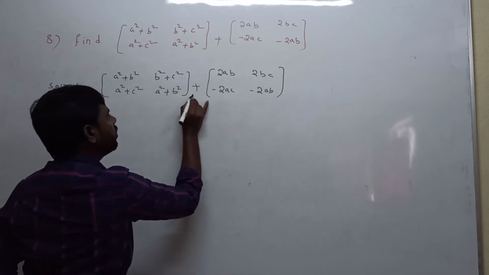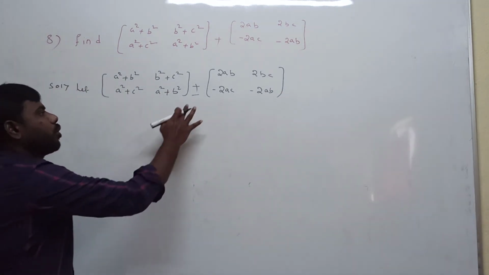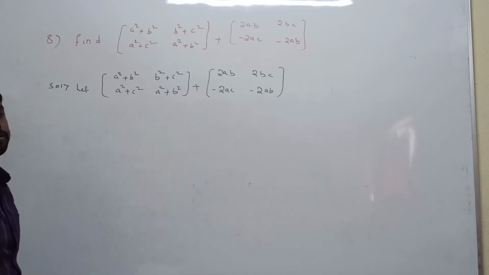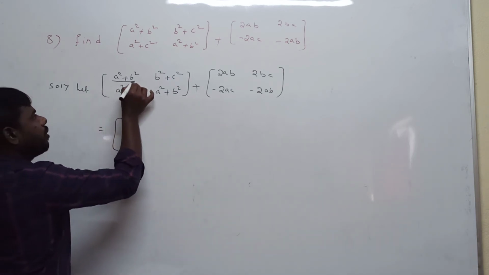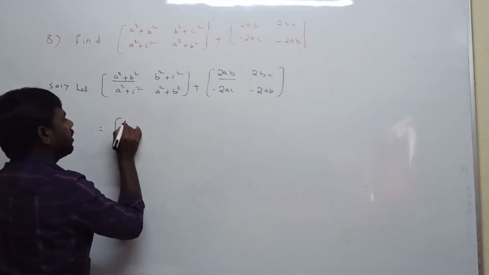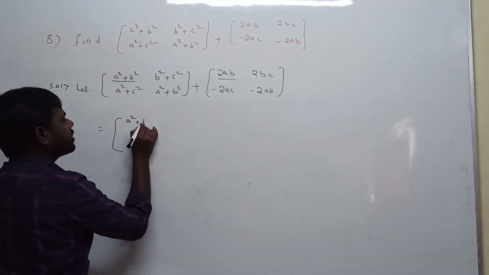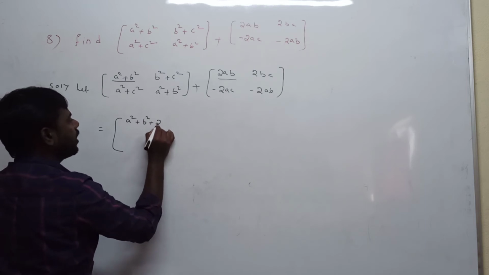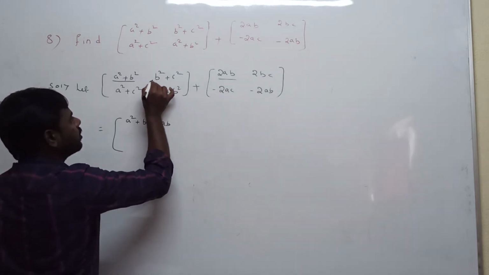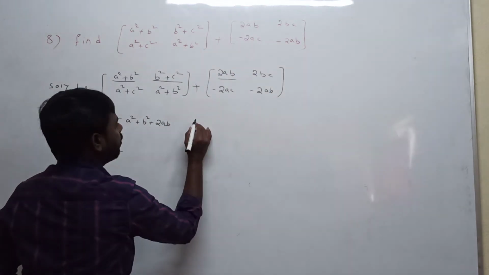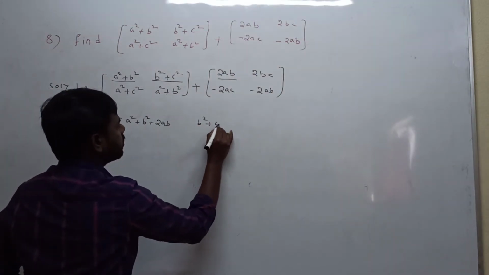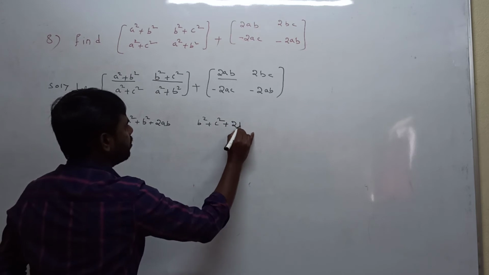So what is the given? Addition. So the sum of the two matrices means we are adding corresponding elements. First element plus first element, a square plus b square plus 2ab. Next, second element plus second element, b square plus c square plus 2bc.